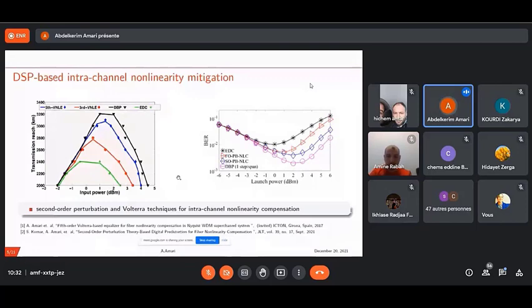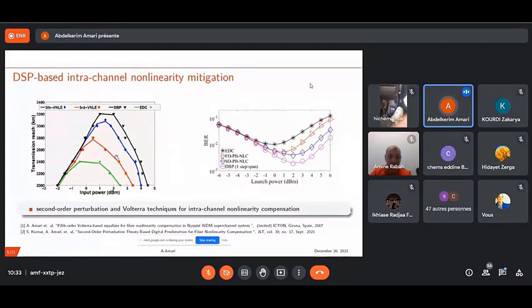The benchmark and well-known technique for nonlinear compensation is known as digital backpropagation. To get the best performance, it requires a small step size and a high number of steps per span to become more accurate and give good performance.